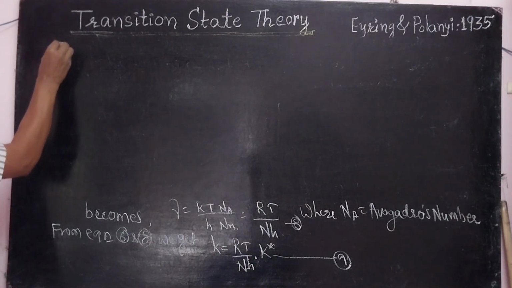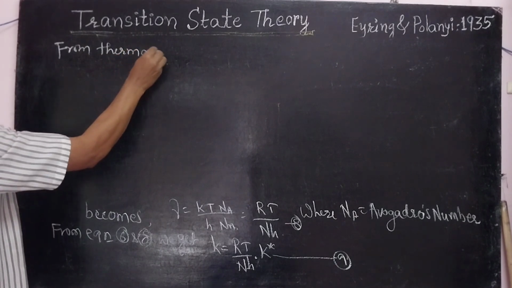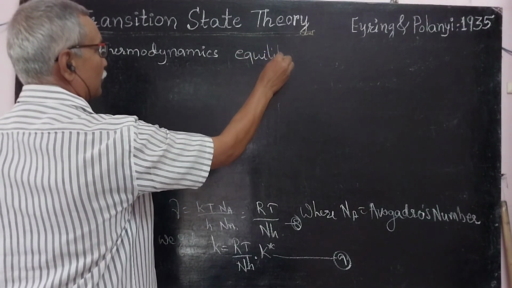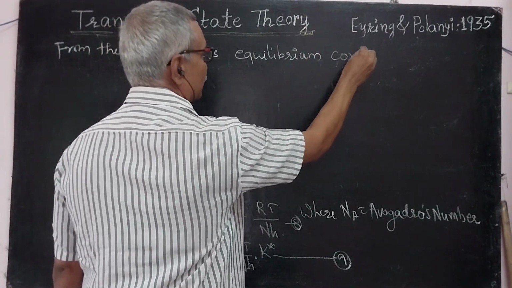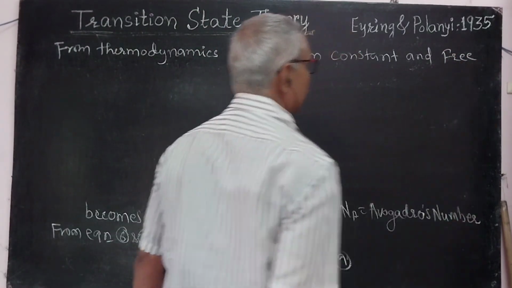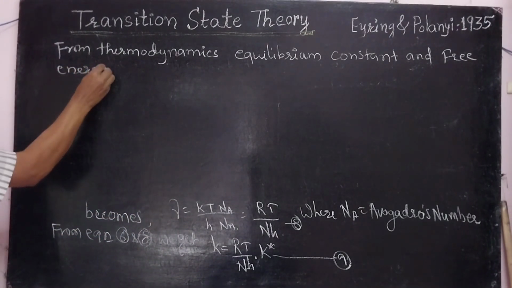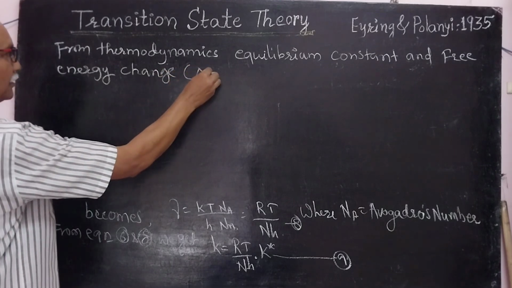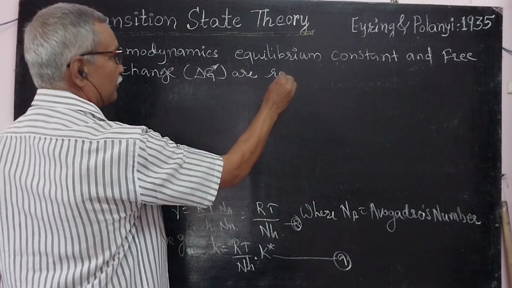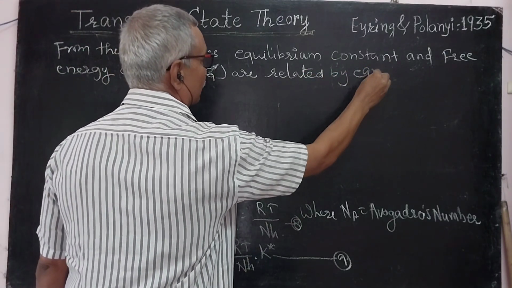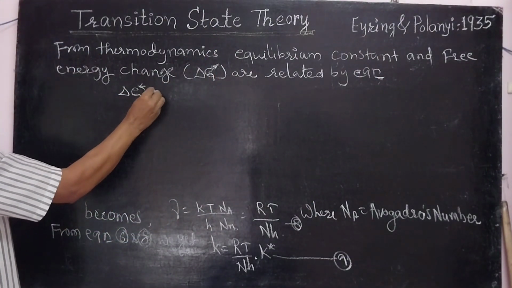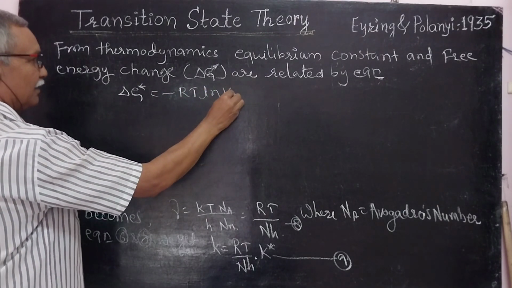From thermodynamics, equilibrium constant and free energy change are related by the equation delta G star equal to minus RT ln K star.